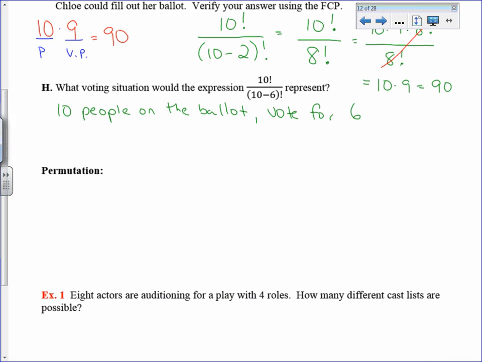So a permutation. One of the first things about permutations that you need to know, and it's probably the most important thing, is that order is important.